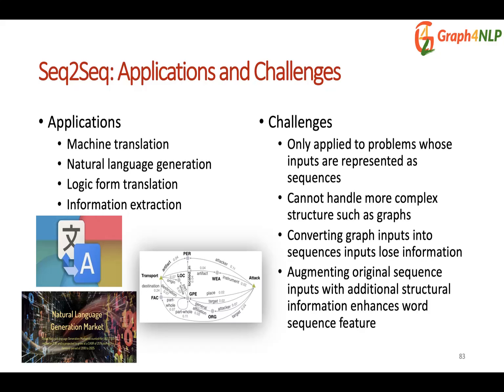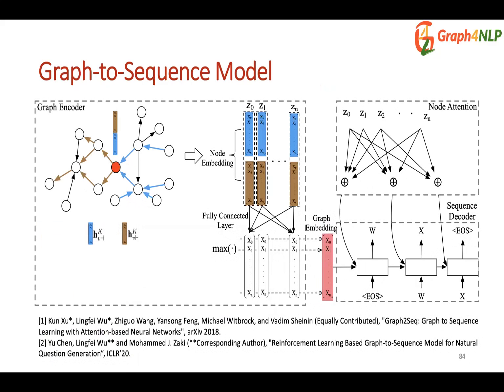Motivated by these challenges, we have proposed a graph-to-sequence model that essentially consists of a graph encoder and a sequence decoder. The basic key idea is to use a graph encoder to encode the graph input.